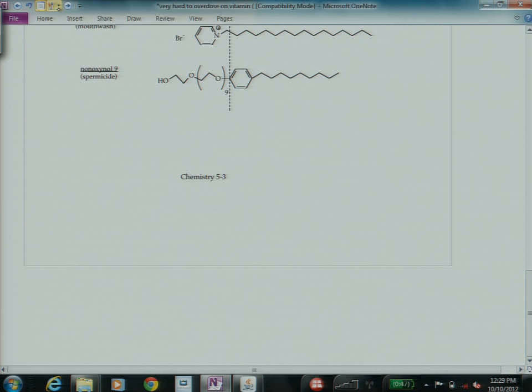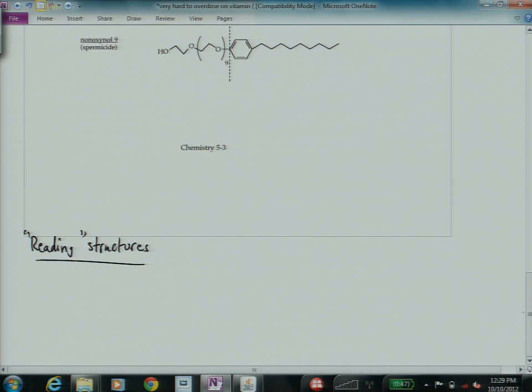A classic exam question would be something like this: What types of bonds can this molecule make, assuming that a suitable partner exists, and draw that suitable partner and the bond. All right. So that's a sort of classic exam question.